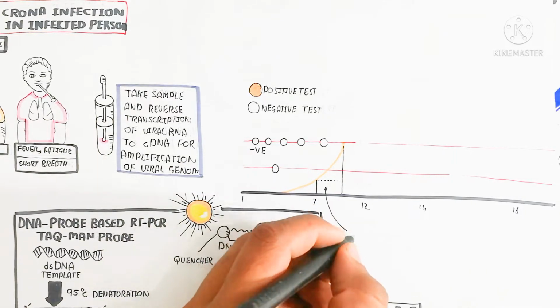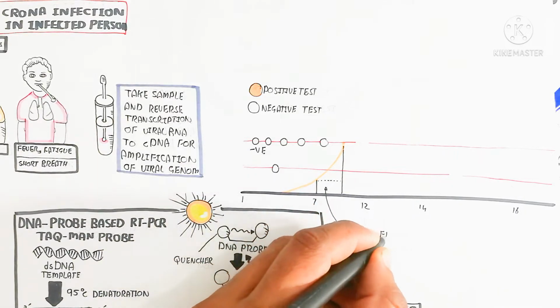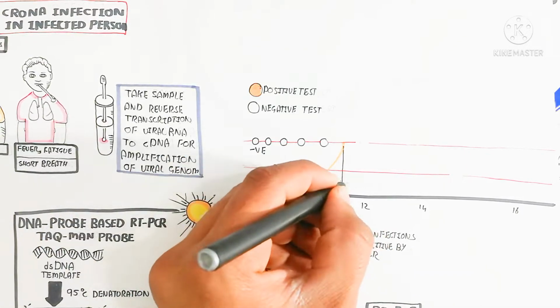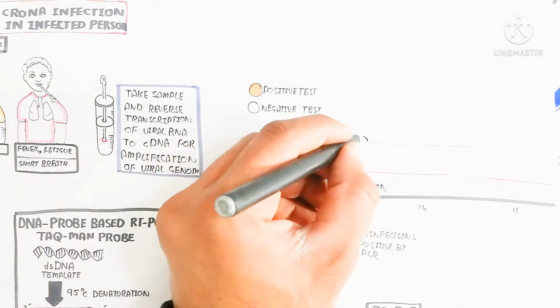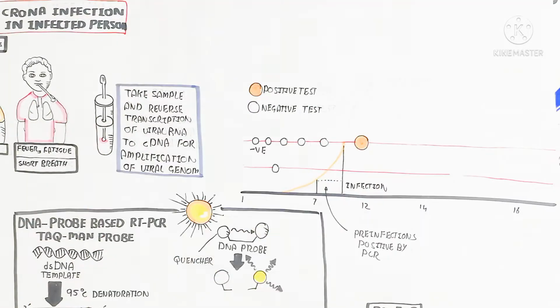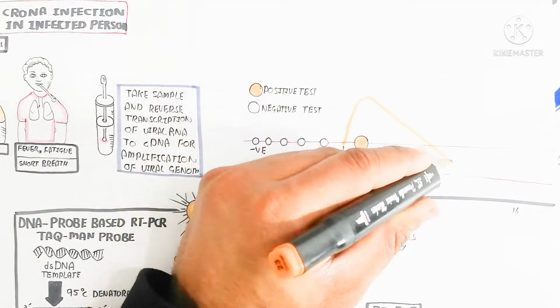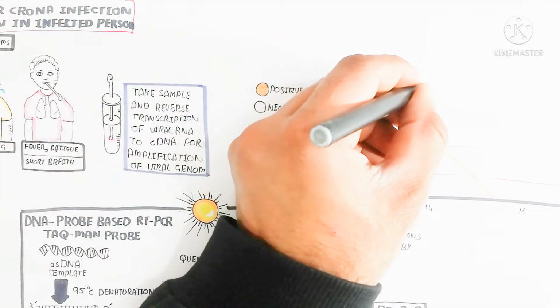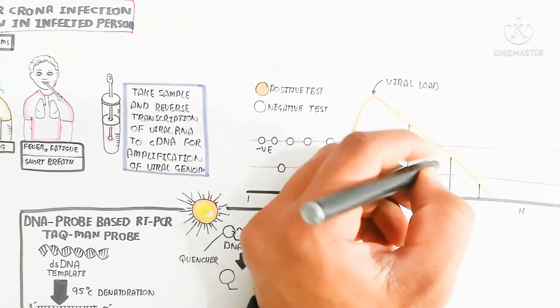But high analytical sensitivity in PCR is needed after the infection as well as in the pre-infection stage, because the RNA content will be less.